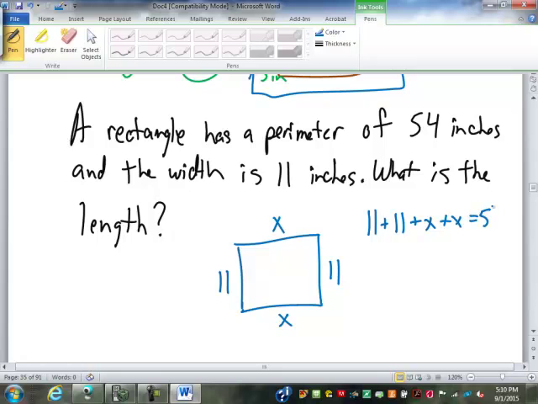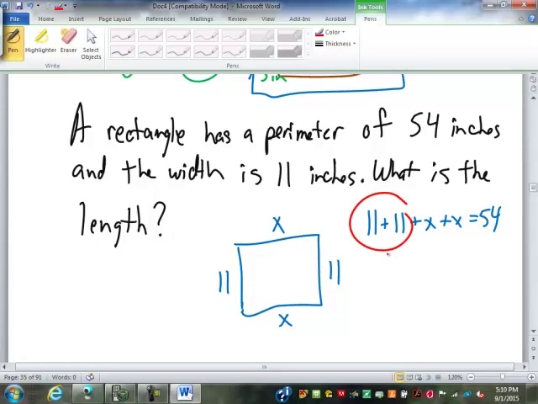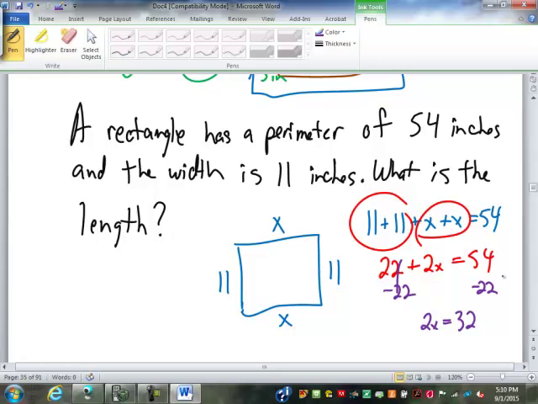So 11 and 11 make 22. x and x make 2x, equals 54. Now from there, you subtract the 22. 2x makes 32, and then divide by 2. x equals 16.